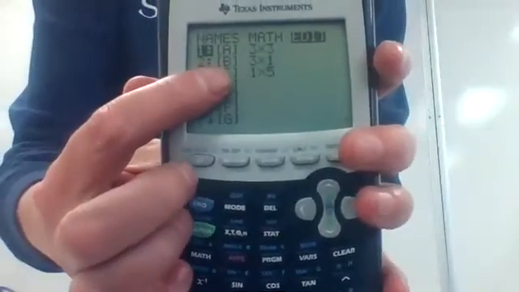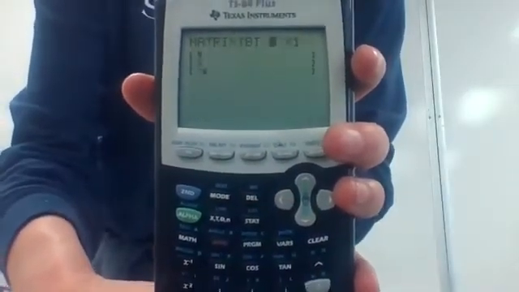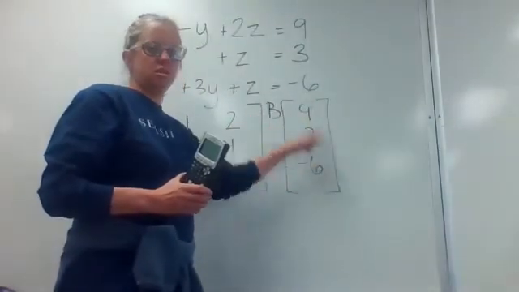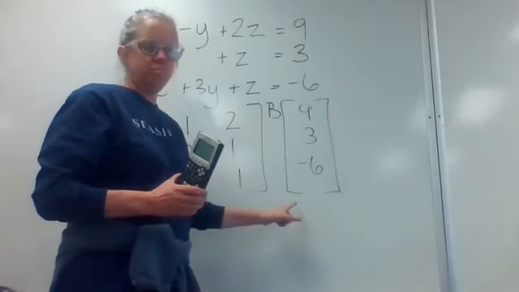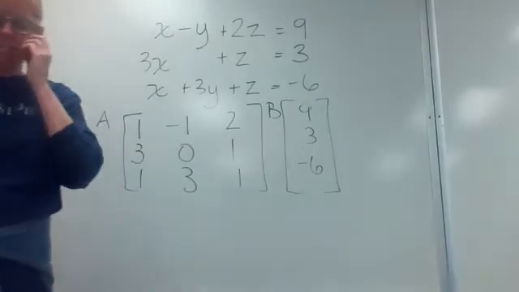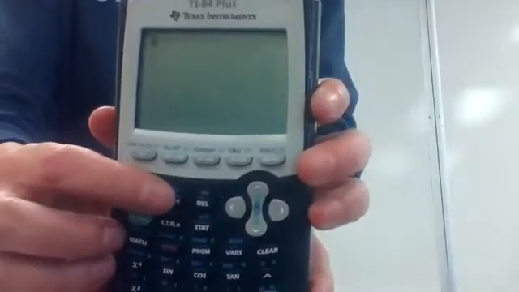Make sure this time you go down to B. Enter. And this time you want it to show 3 rows, 1 column. And then enter the 9, the 3, and the -6. And then just hit second, quit.